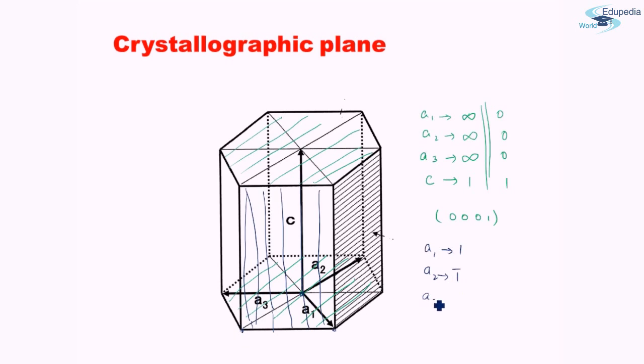It's cutting A3 at infinity. It is parallel to A3, infinity. And it is cutting C at infinity also. It's parallel to C also. We take the reciprocal, we get 1 bar 1 0 0. So this plane which we were talking about is 1 bar 1 0 0. Fine.